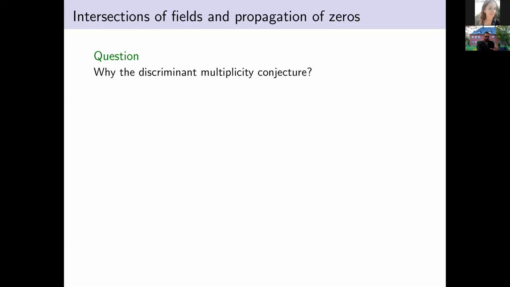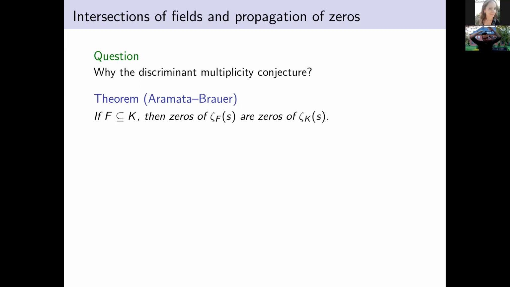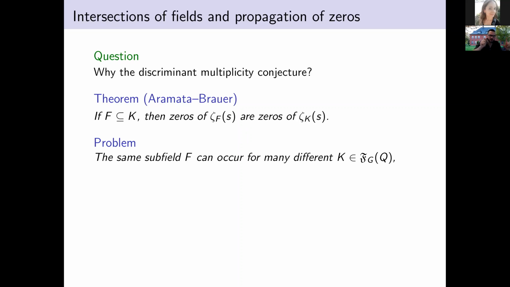From my perspective, the reason for needing some sort of field counting technology is the theorem of Aramata and Brauer, which implies that if you have a subfield F of your normal extension K, then zeros of the Dedekind zeta function of this subfield F propagate up into the Dedekind zeta function of your normal extension K. And just saying, subfields can occur for many different fields in your family.